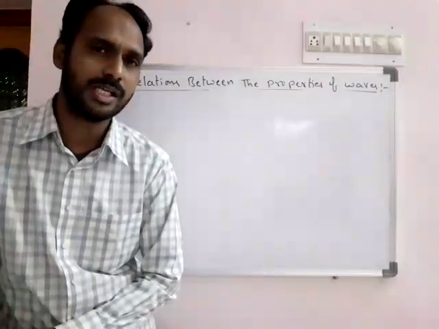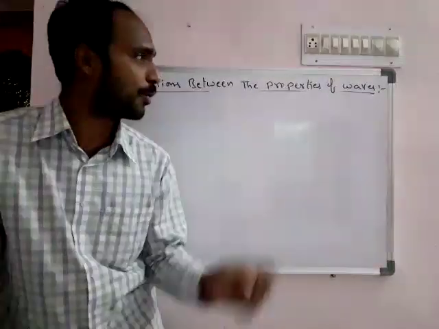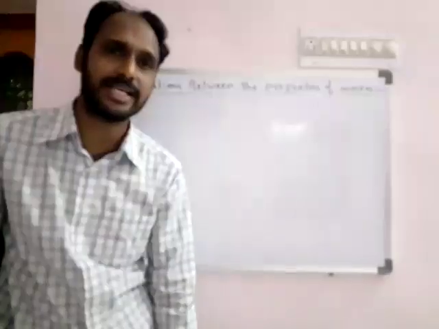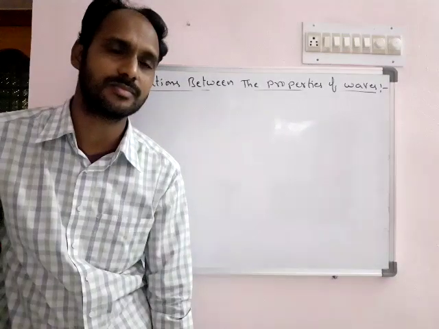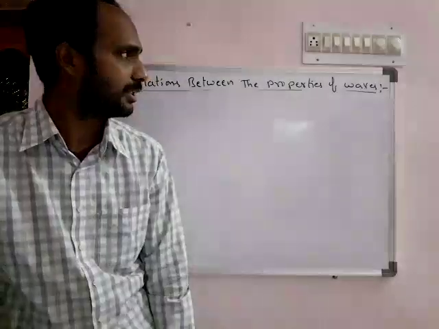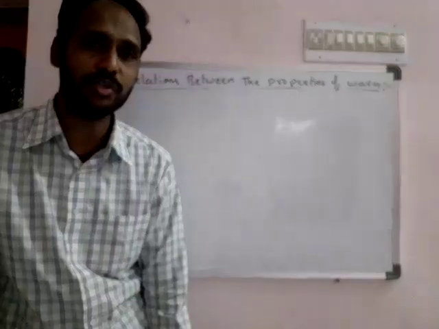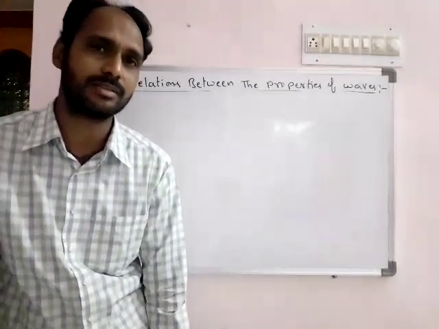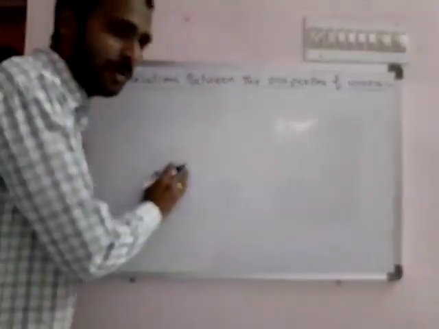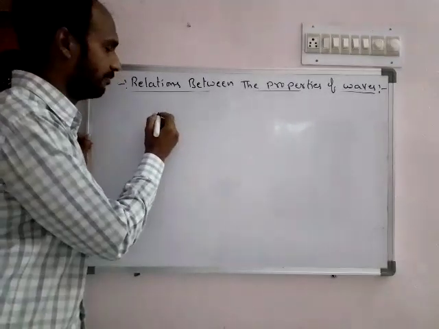So now we see the relations between the properties of waves or electromagnetic radiations. For any wave, we already know the properties. So what are the main properties of a wave?